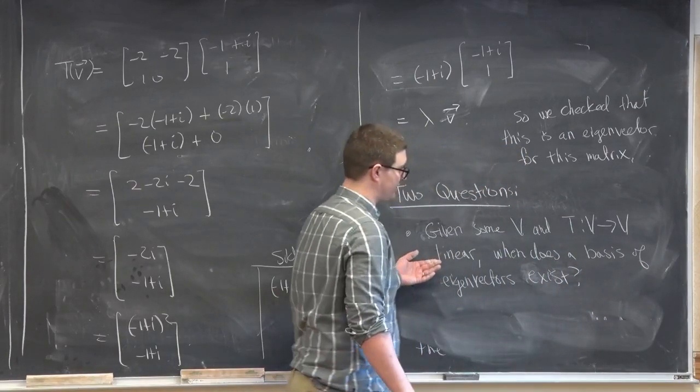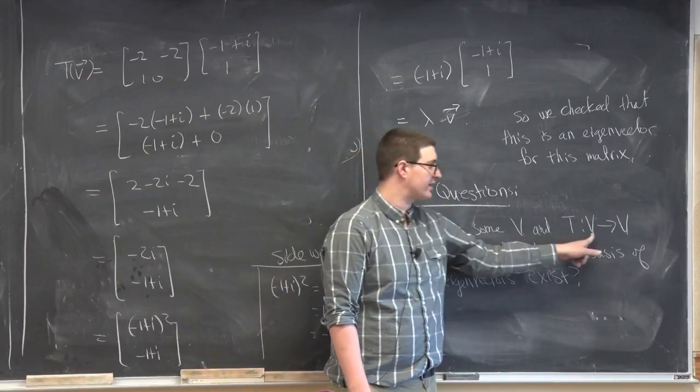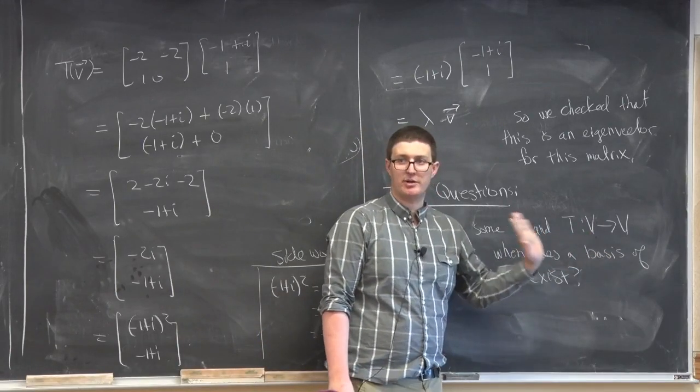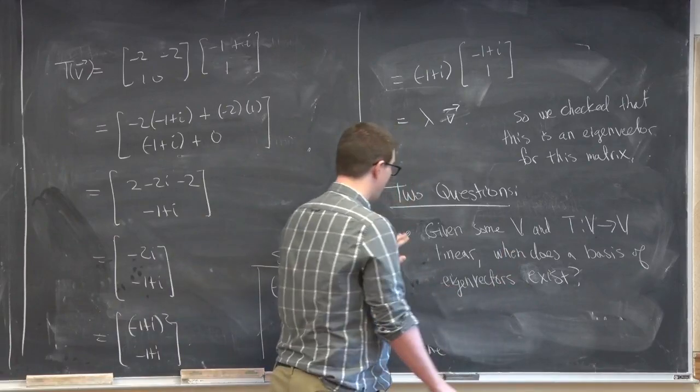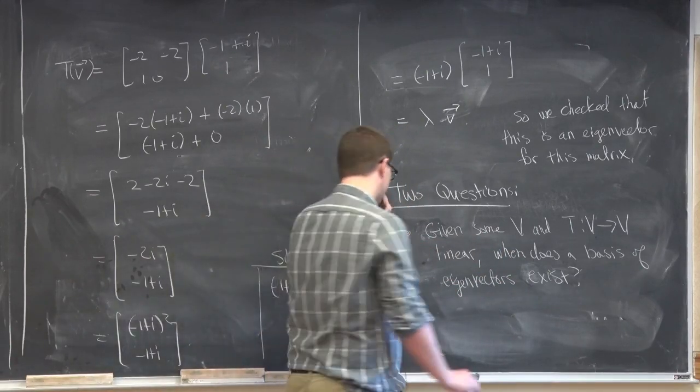This is a complicated question, especially if this is an infinite dimensional thing, like a function space, which gets super complicated. But we can answer it in the case of finite dimensional vector spaces.